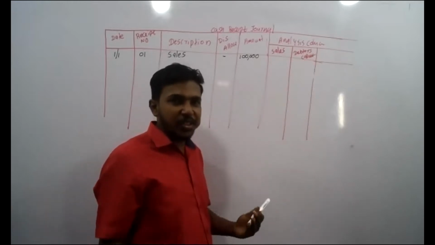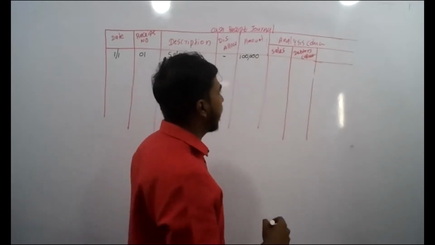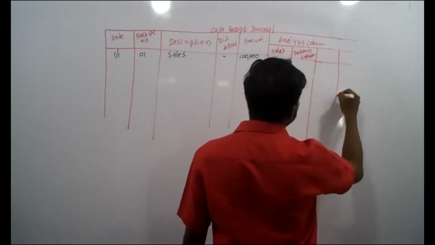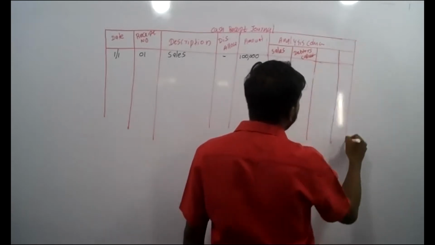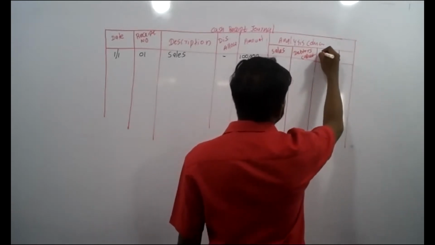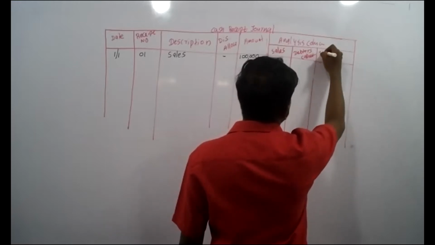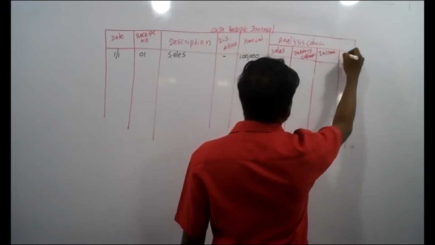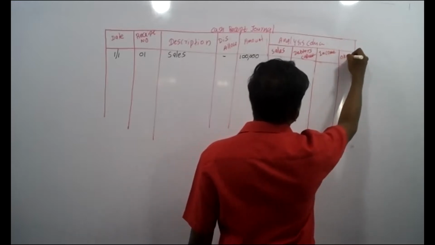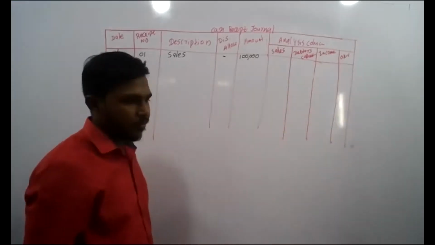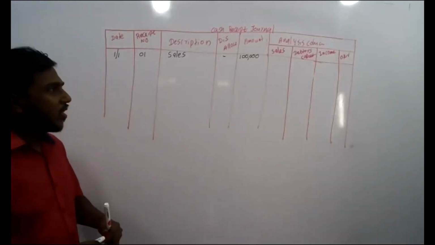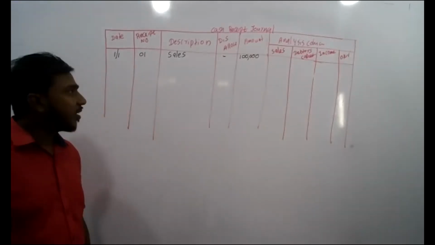From the debtors collection, you have received the cash. Right? Next, we could say income. Then the other one is other. That's fine. Right? So these are the analysis columns we have to select.